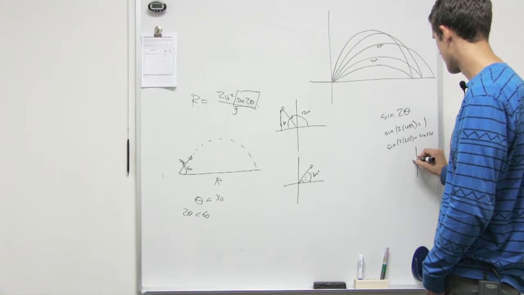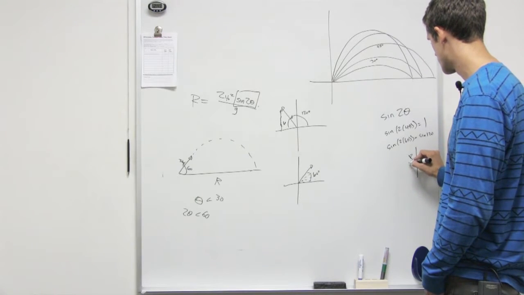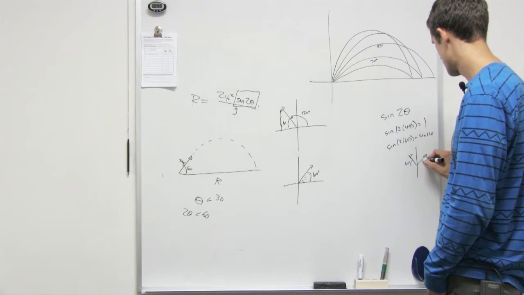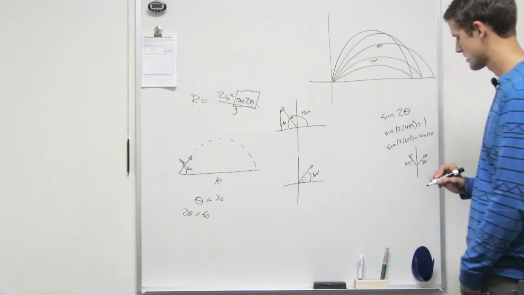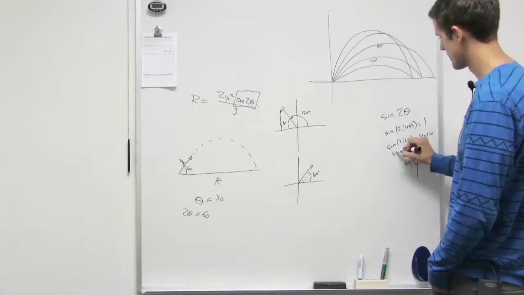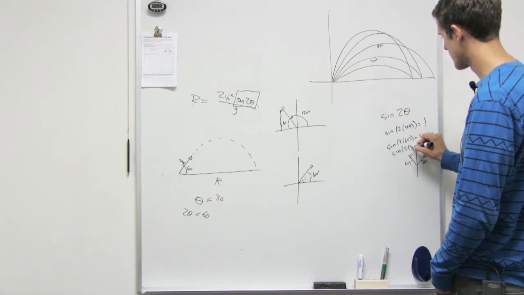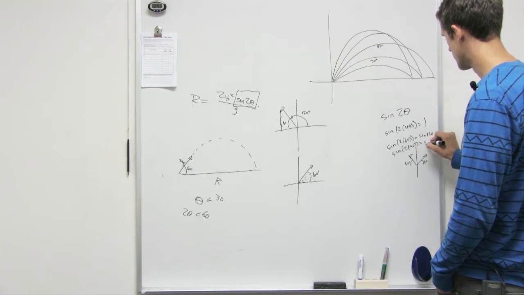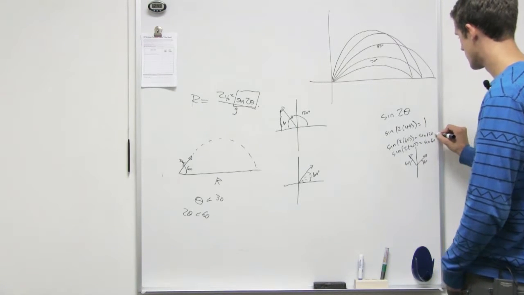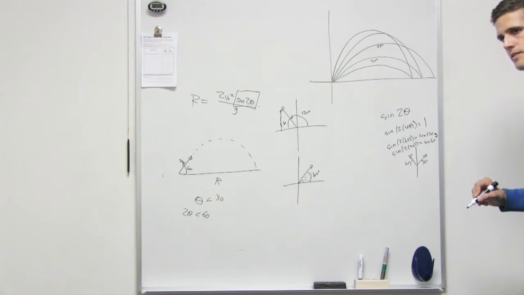Remember when we drew that out here? Which really is the same as the sine of 60. See that? So that's the same as if you went sine of 2 times 30, which gives you the sine of 60. Those two are equivalent to each other.